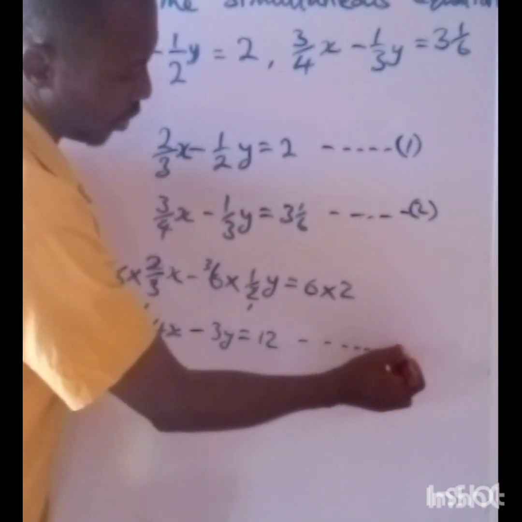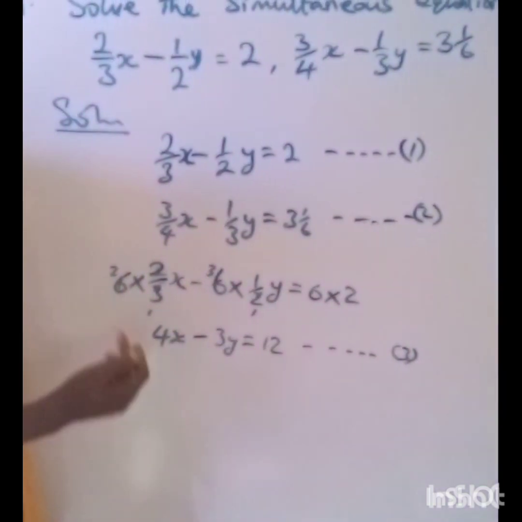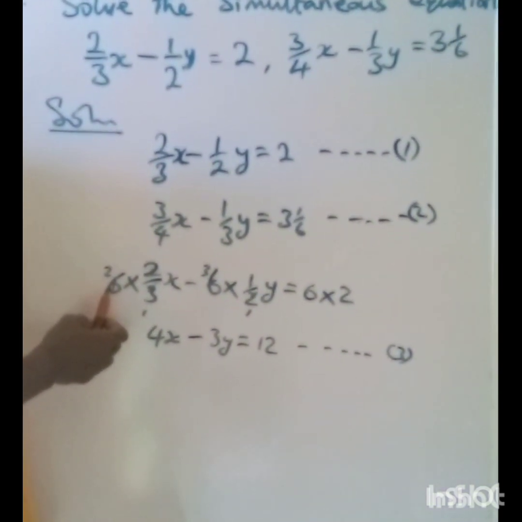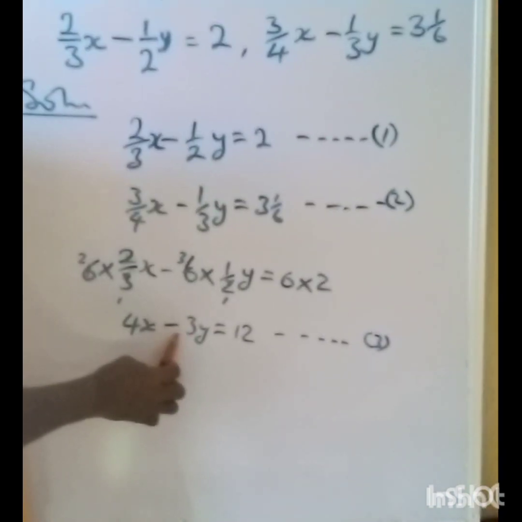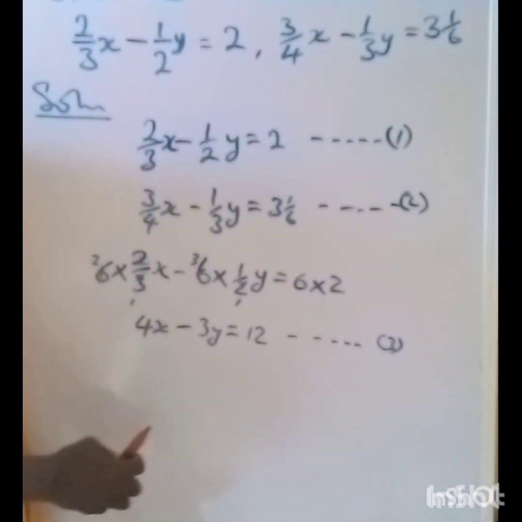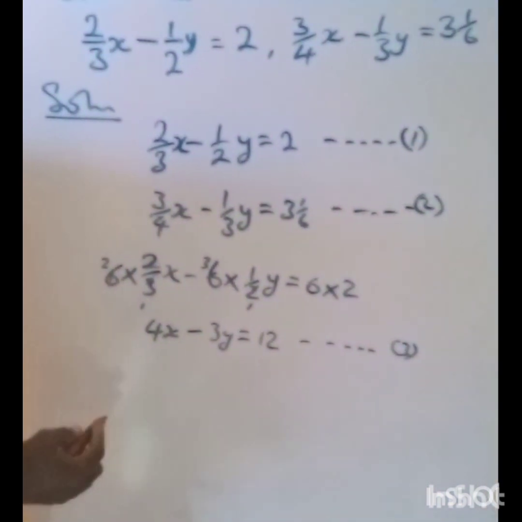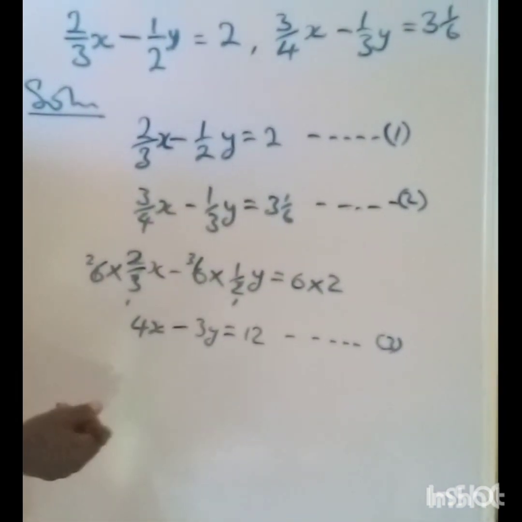So this becomes equation 3. When we multiply through by the LCM of 2 and 3, we get 4x minus 3y equals 12, which we name equation 3.